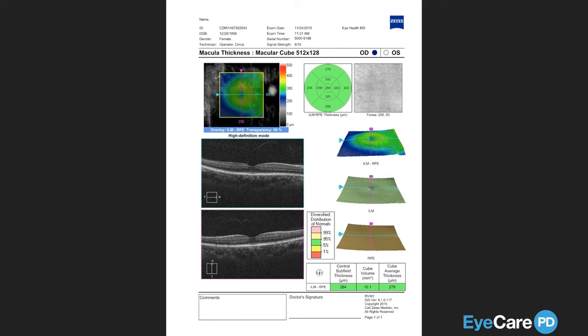This area of qualitative analysis is often best viewed in grayscale, although you will occasionally see it in a colorimetric appearance.